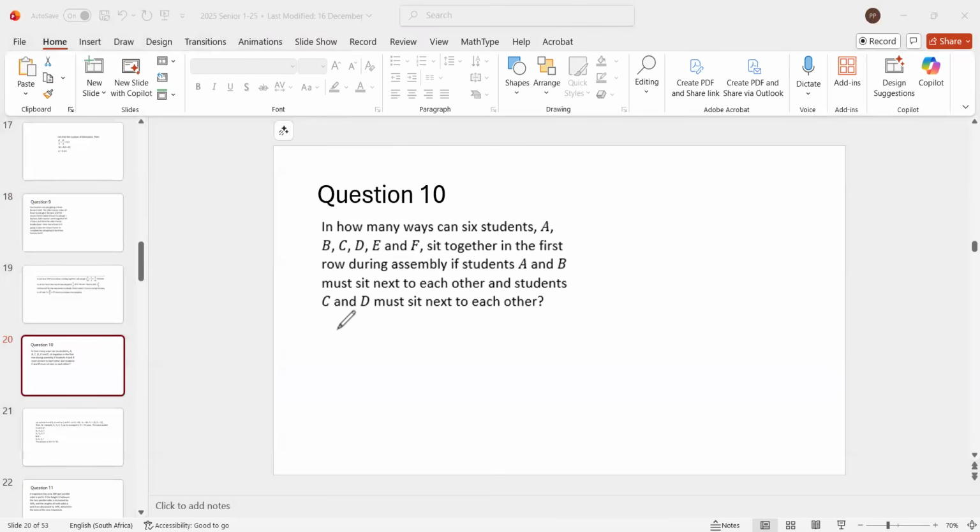So A and B sit together, and C and D also sit next to each other. E and F can sit wherever they like. In how many ways can this be done?